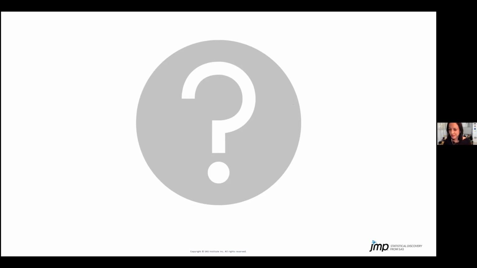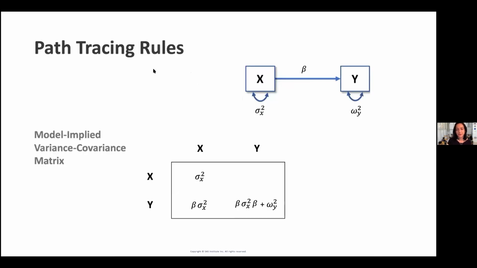Let's see, can you comment on the difference between SEM and linear regression in the previous example? Absolutely, and that's a very good question, right? So linear regression and SEM, we can use SEM to estimate regression, but they're not the exact same models. They're not identical, and that's an important thing to clarify. So in this particular example, notice that X has a double-headed arrow, right?